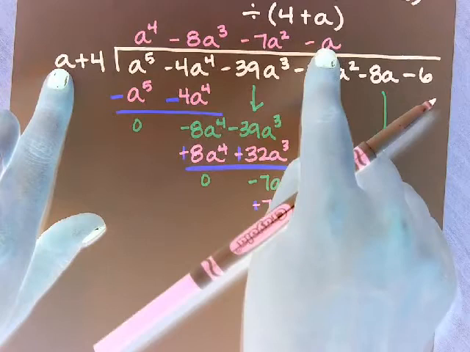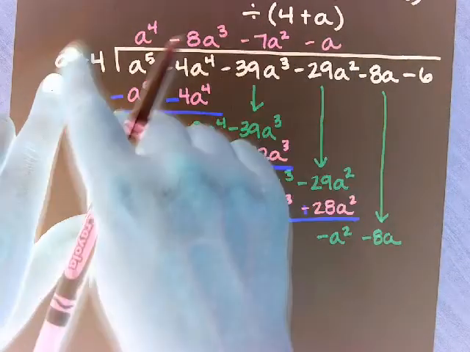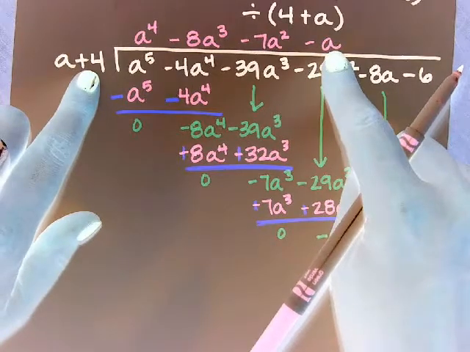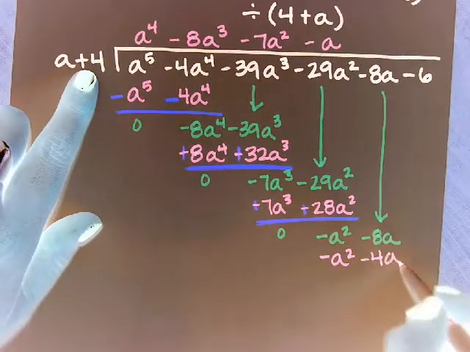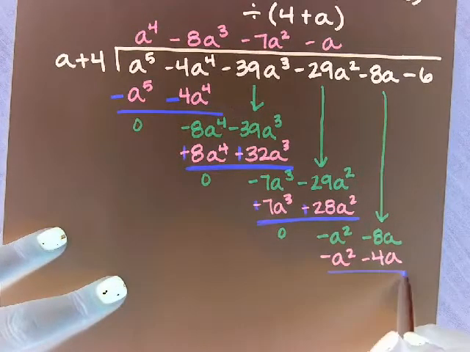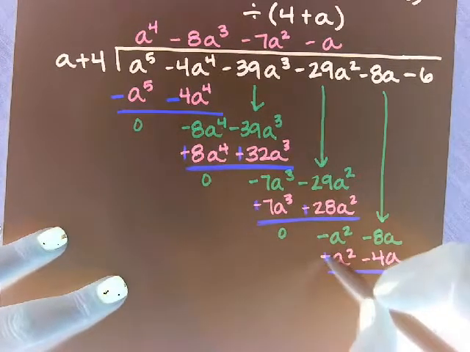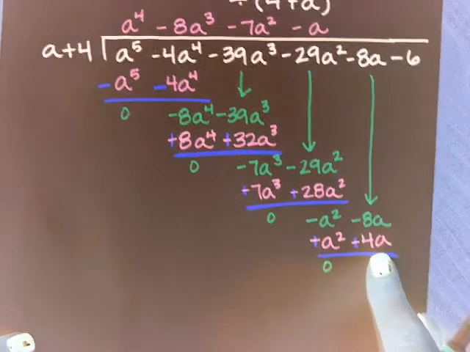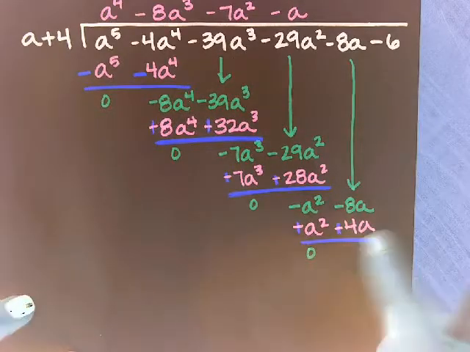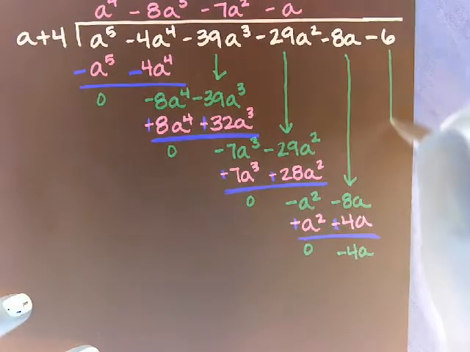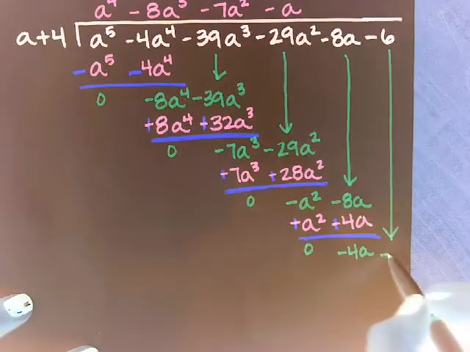And then when we take negative a and multiply it by the front, we get negative a squared minus 4a. And then what do we do? Draw the line, change the signs. The first part zeroes out, which is what we expected. What happens to the second part? Negative 4a. Then what do I do? Bring down the negative 6.